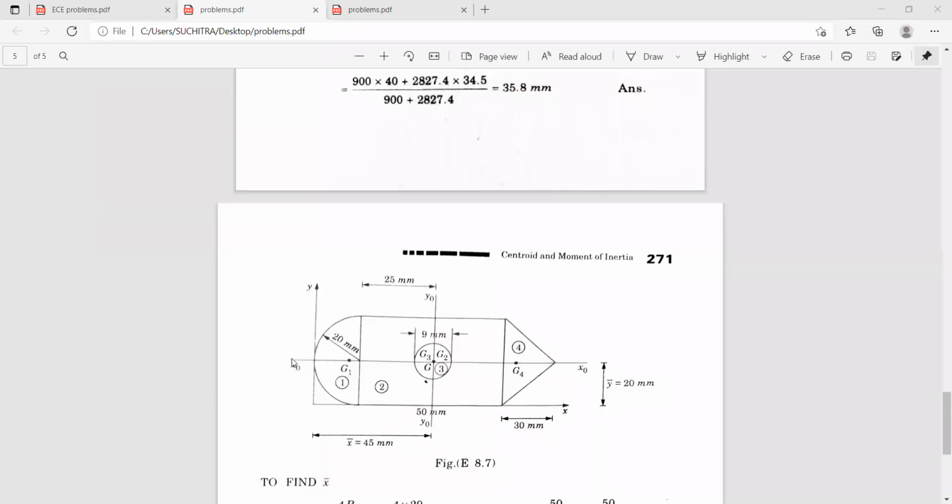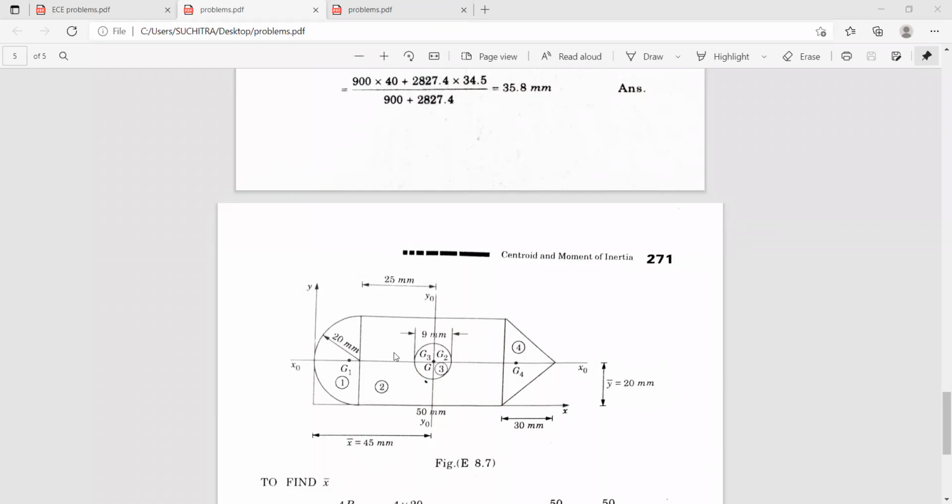Because the figure is symmetrical about x-axis, the value of y bar is 20 millimeters, which is nothing but the radius of this semicircle. This diameter is 40 millimeters, so the center of which is 20 millimeters. Hence y bar is 20 millimeters.